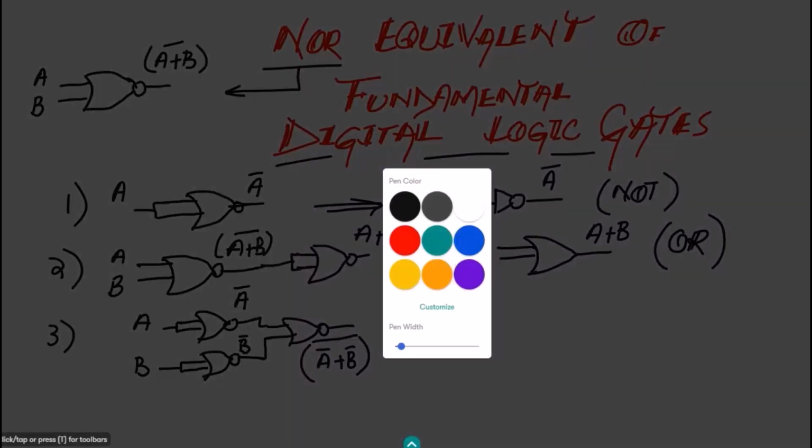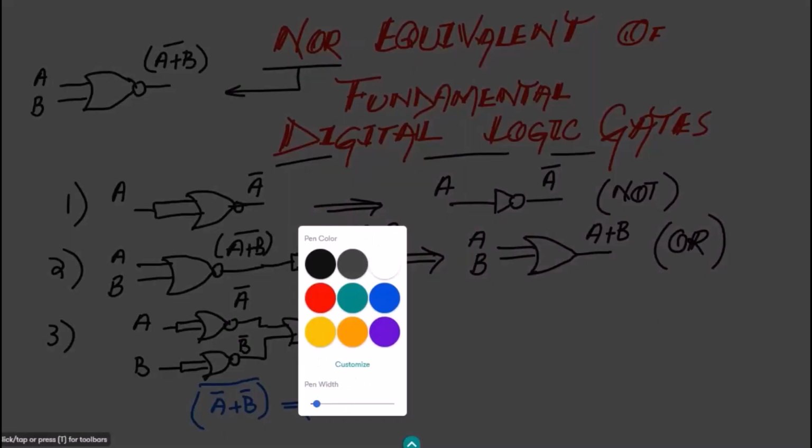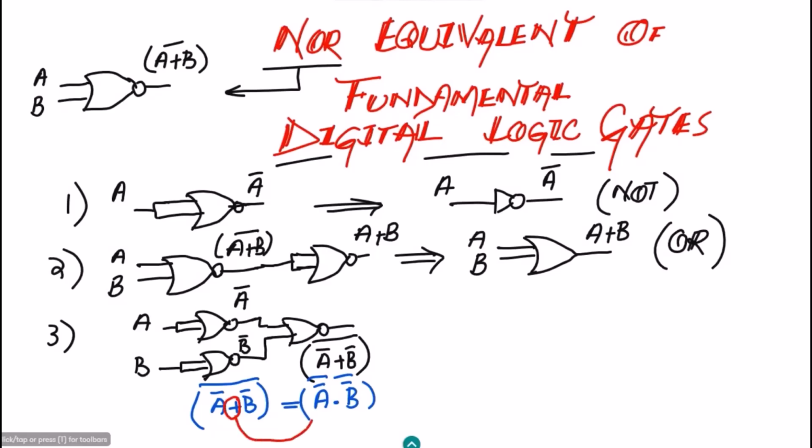Let me simplify them as I have previously done. By using De Morgan's law, it will be (A complement plus B complement) whole complement. So at it I will get A complement dot B complement, and I can very easily see that this plus has been changed to multiplication, and the whole complement has been given to both of them, and the complement of the complement is positive.